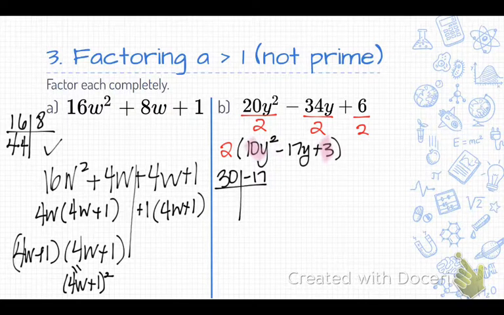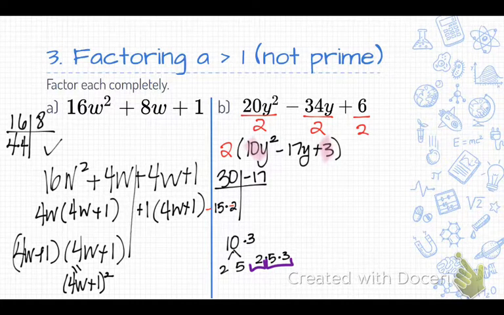Nope. So we're like, Miss Audette, I don't know the factors again. So if we break it up, you should have gotten 15 and 2. Is that true? Okay, now, does 15 plus 2 give me 17? No, what's missing? They are both negative.